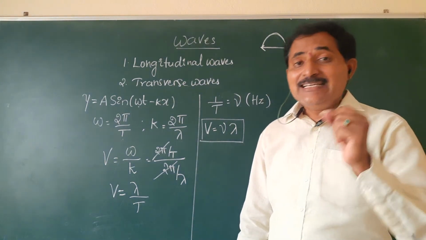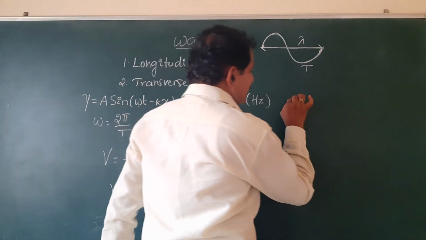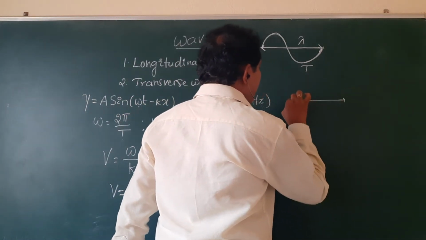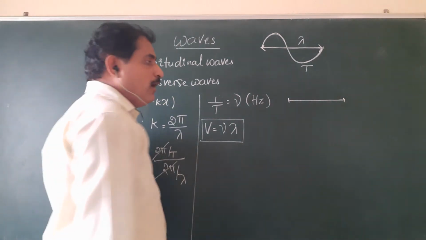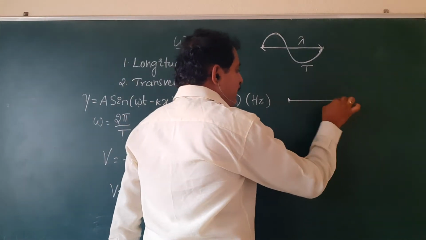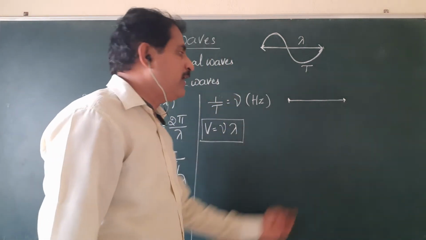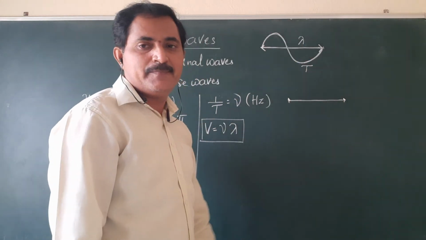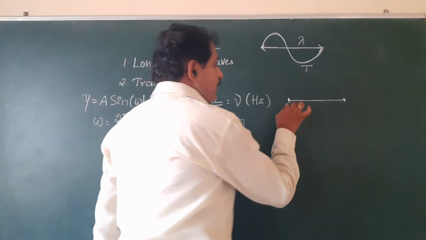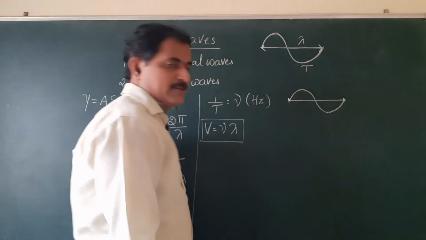Further, let us take a string. A string is nothing but a thin wire, and the string is fixed between the two ends. Then the string is plucked and then released. Then what happens? A wave is produced in the string like this.